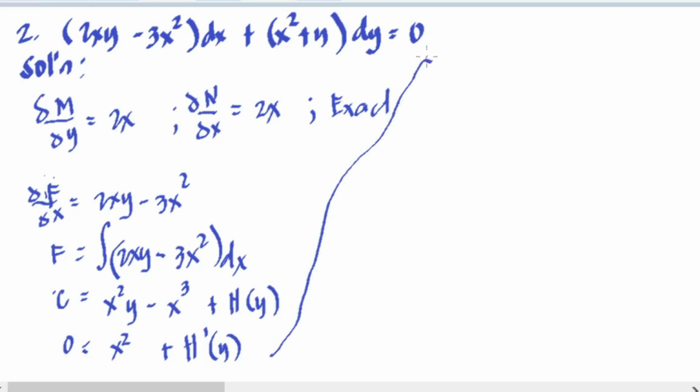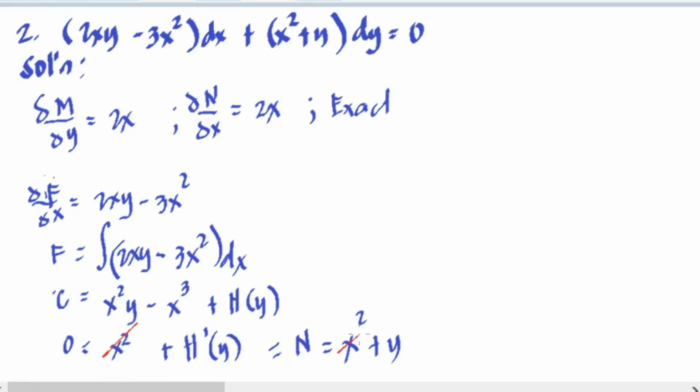Okay, so after differentiating, this should be equal to our n already. So that should be equal to n, or what is our n? x squared plus y. So notice there are two x squared in here, and they are on opposite sides of the equal sign. So this cancels out these two.